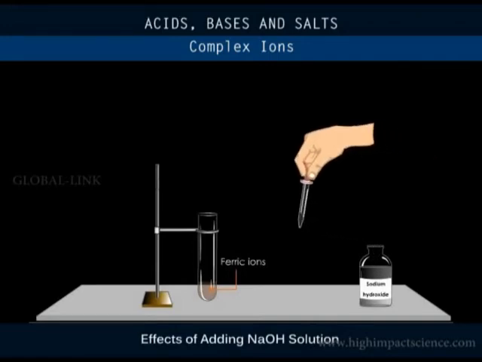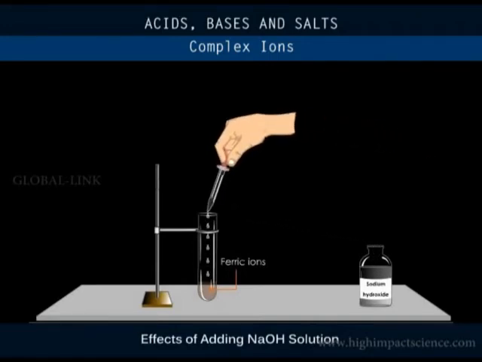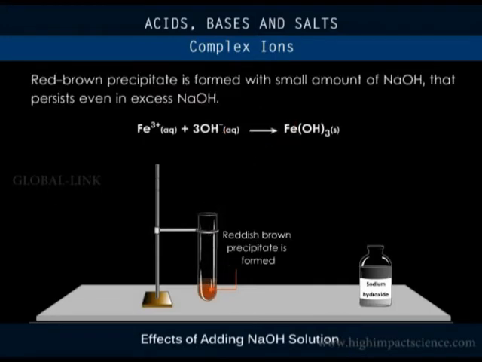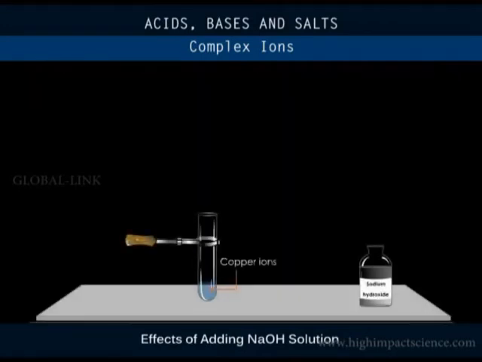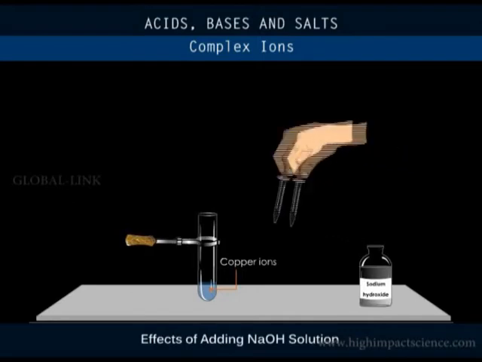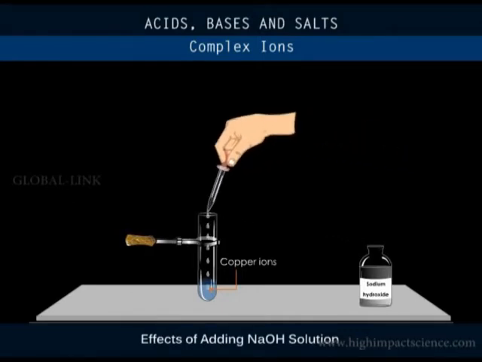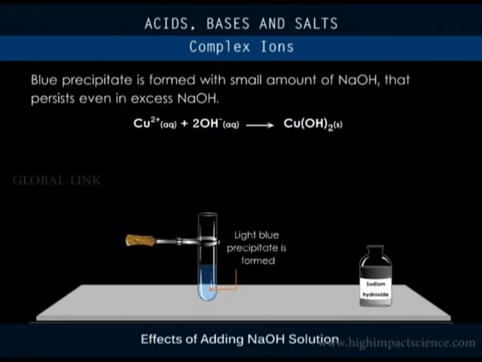We start with a small amount of sodium hydroxide. A red-brown precipitate is formed, and even in excess, the precipitate persists. Finally, copper-2 ions. We add quite an amount of sodium hydroxide, and a light blue precipitate is formed.